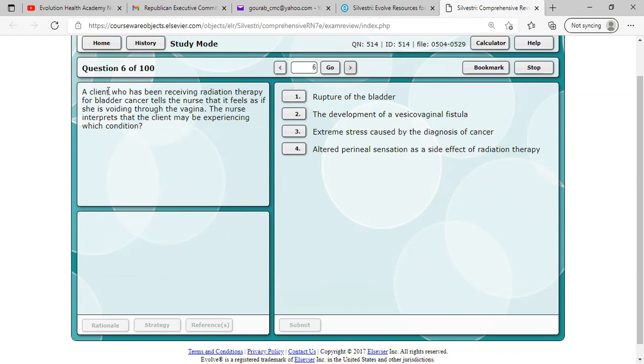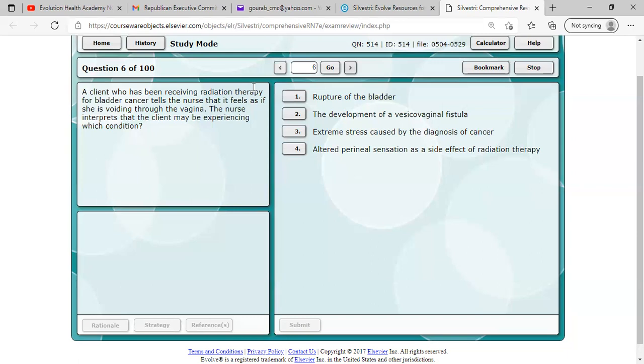So a client who has been receiving radiation therapy, right? If a patient needs radiation therapy, we have to have some ideas about it, so that in case of any emergencies, you can save your patient, right?